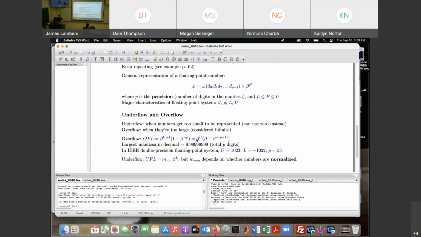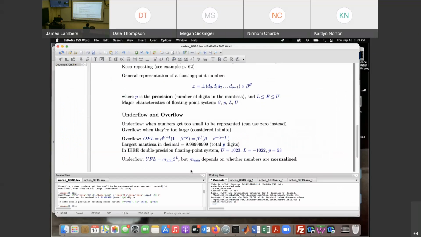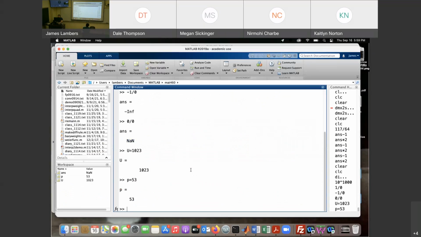So in fact, let's see. I have to be careful how I do this, though. All right. Well, actually, I'm going to do it both ways. So I'll let U equal 1023, and then P is 53. And then my base is 2.